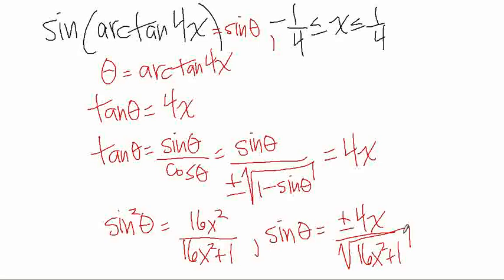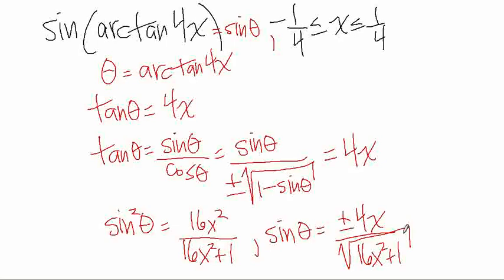If x is negative, then the sine of theta is negative. Why is that? If x is positive, the tangent is positive, and that corresponds to the first quadrant. If x is negative, then the tangent of theta is negative, and that corresponds to the fourth quadrant. And the sine of theta is positive in the first quadrant and negative in the fourth quadrant.